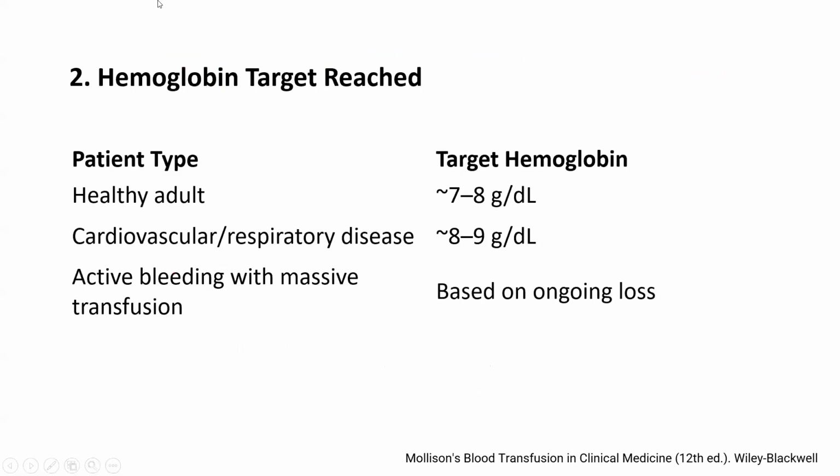The second is the hemoglobin target: in healthy adults, when the target hemoglobin of 7 to 8 gram per deciliter is achieved, and in cardiovascular or respiratory disease patients, 8 to 9 gram per deciliter. In active bleeding with massive transfusion, it will be based on ongoing loss.